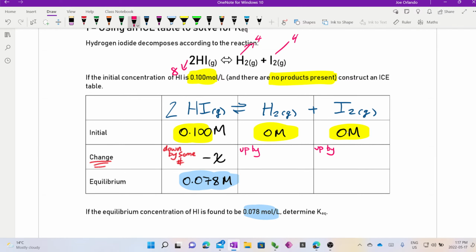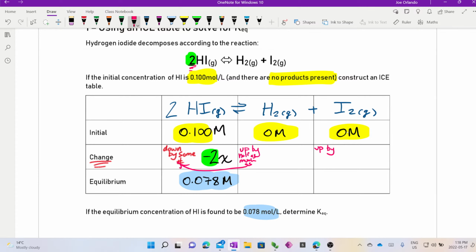Cool. If this went down by 8, how much would this have to go up by? 4, and 4. Because we look and we see the mole ratio here tells me that I'm using 2 of these up to make 1 of those. So I'm going to go ahead back here, and I'm going to sneak a 2 in there. And the reason I'm going to sneak that 2 in there, and I'm actually going to rewrite it, is because if I use the coefficient, then I won't end up with any fractions. Does that make sense? Because this goes up by half as much as that went down.